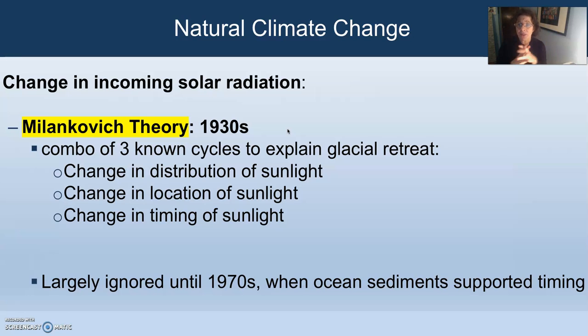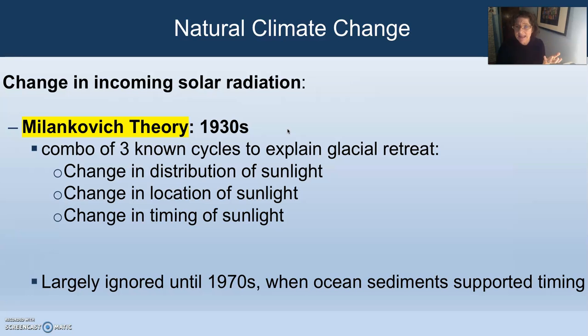This theory was postulated in the 1930s, and it was promptly ignored. Nobody paid any attention to it. And then in the 1970s, Dr. Cousteau started to do some research into ocean sediments and supported some of the work that was done, showing that this theory might just be right, with some of the same methods for dating sediments that you saw in the previous videos.